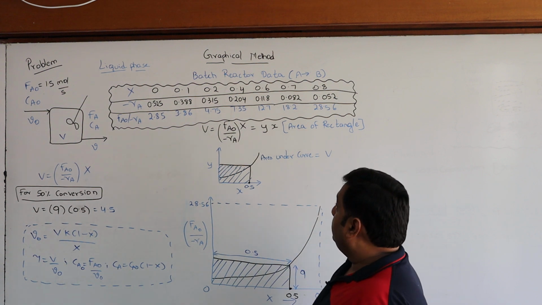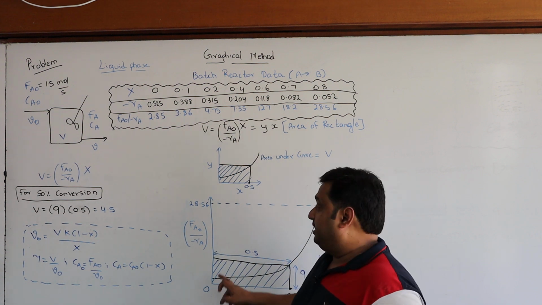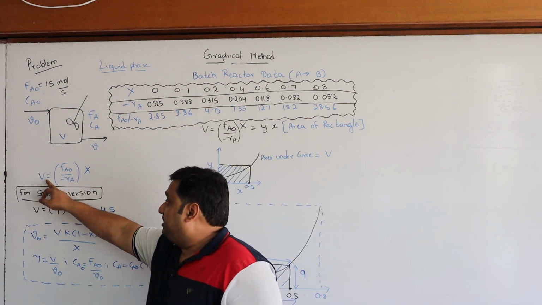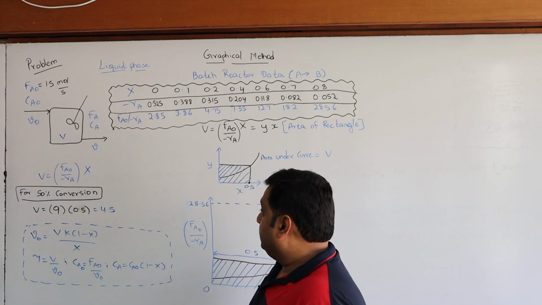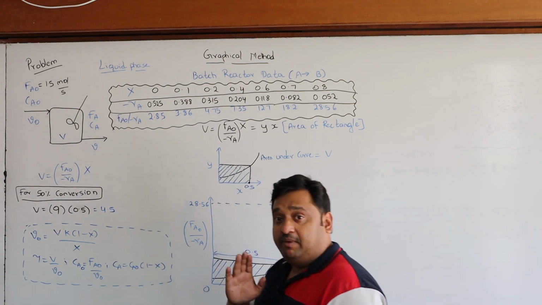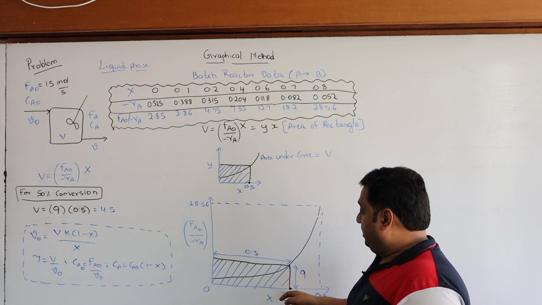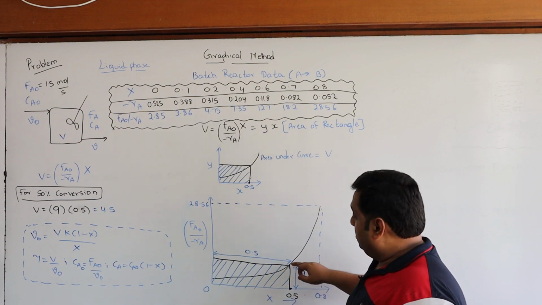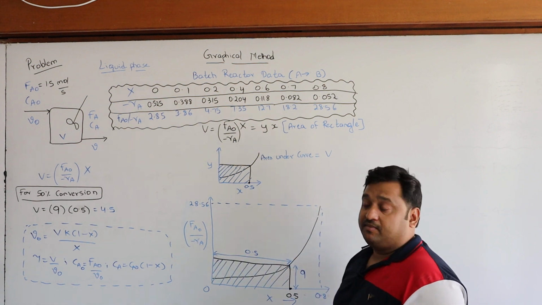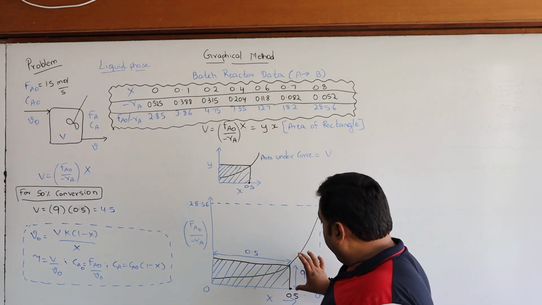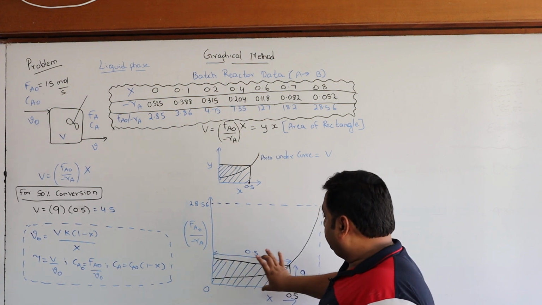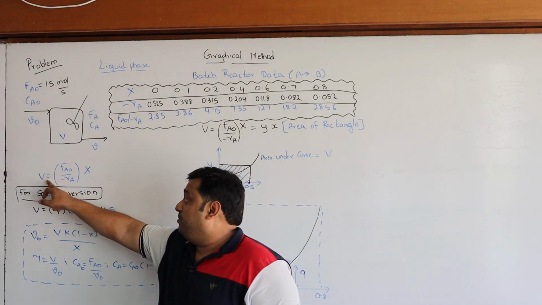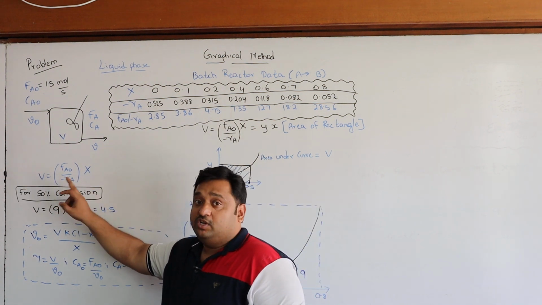Now, I have to find the volume of the reactor using this graph. I know the volume of the reactor is nothing but y into x. For 50% conversion, draw a straight line at 50% conversion, and wherever it meets the curve, draw a horizontal line. The area of this rectangle is the volume of the reactor, because the volume is the product of these two terms.